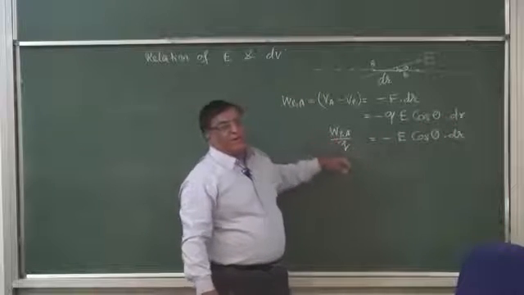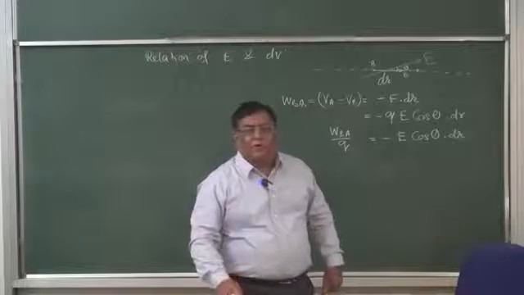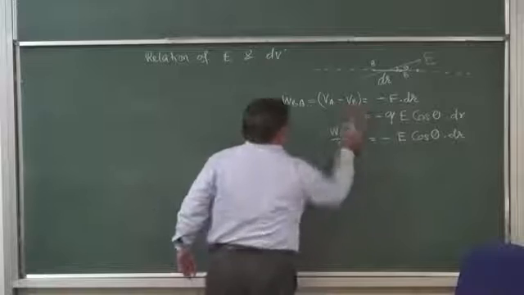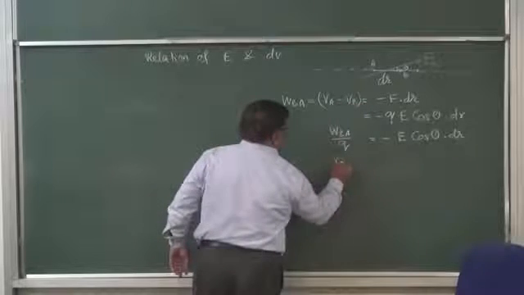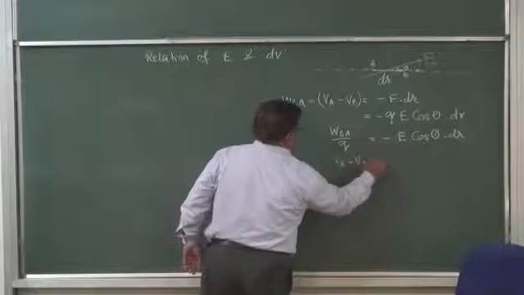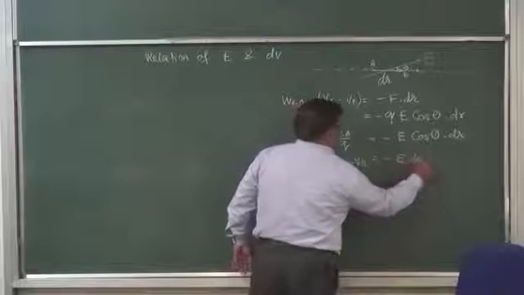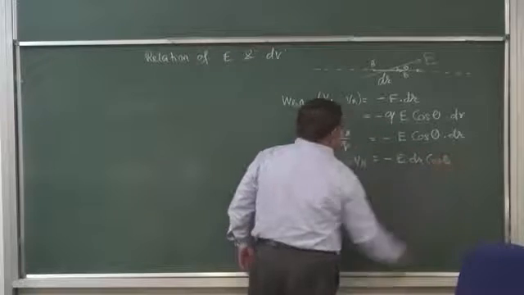Now work done per unit charge from B to A. What do we call it? Potential difference. Potential difference VA minus VB, this is equal to minus E dr cos theta.